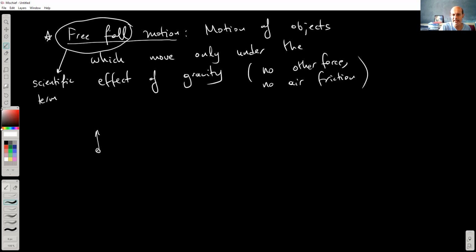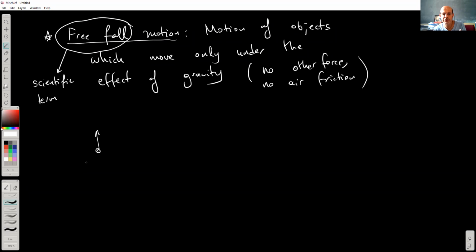But apart from that, the term might have some other meanings, like falling has a definite meaning in everyday life. So no people will think that, well, an object which is going up is falling, right? They are going up. But scientifically, we don't look at the everyday language, all right? So we just look at the definition. So as a result, for us, an object which is going up is in free fall motion.